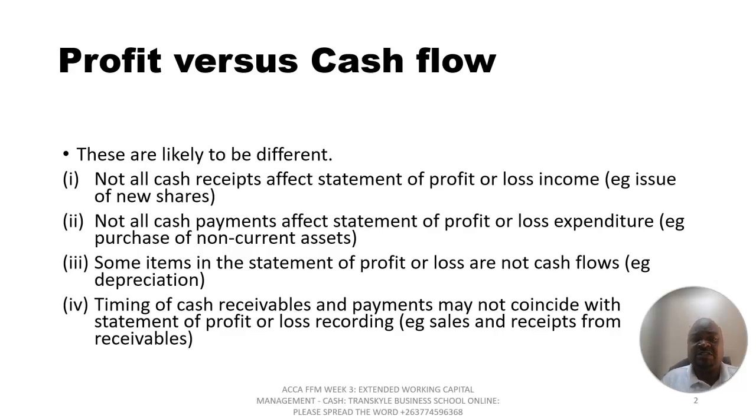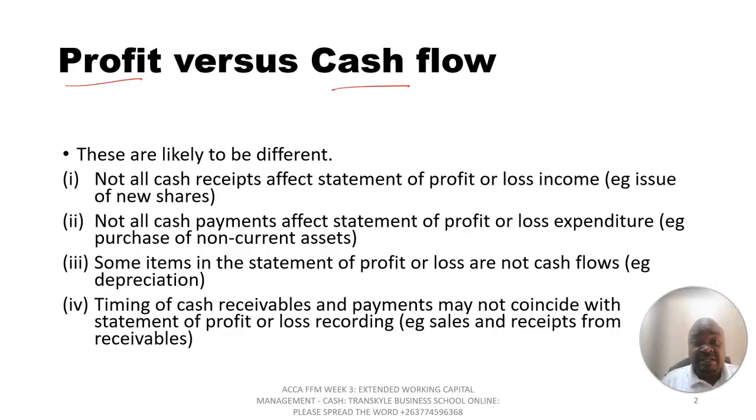As part of our focus, we need to tell ourselves that profit and cash are 2 different things. Like I said, a business might be profitable, but you'll be shocked to hear that they are closing shop. Why?